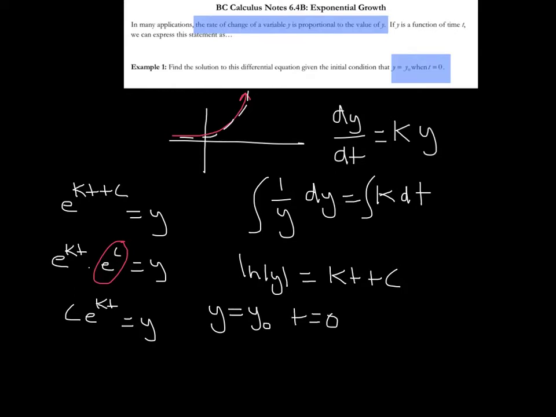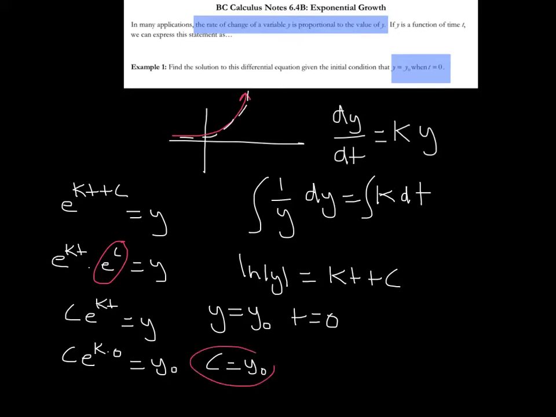So if we plug in 0 for t and y sub 0 for y, what do we get? We get c e to the k times 0 equals y of 0. So e to the 0 is just 1, so we see that c equals y sub 0.